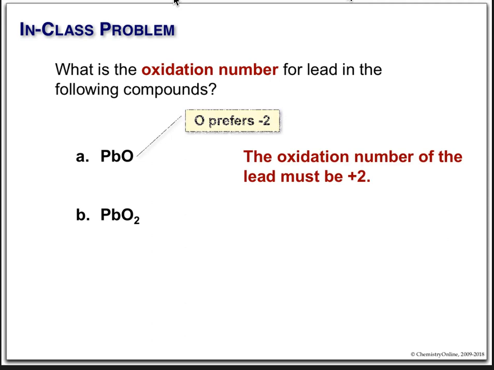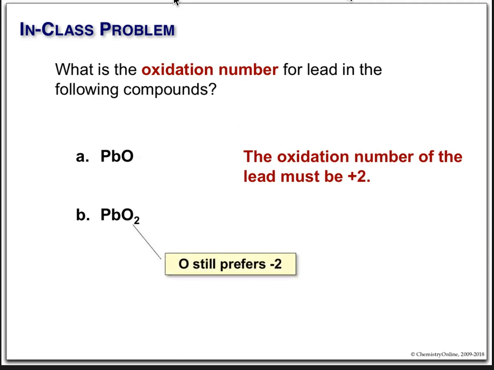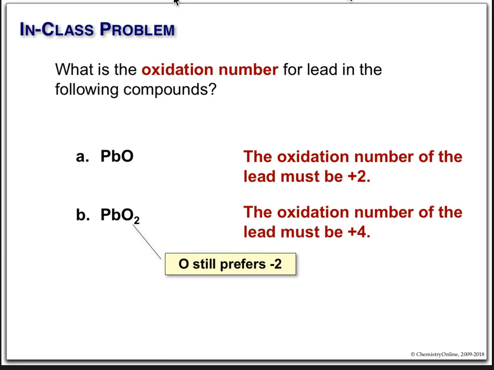This oxygen still wants to be a -2. So this is 4 negatives. What's the charge on our lead? 4 positives. That's how you use oxidation numbers to figure out the charge.